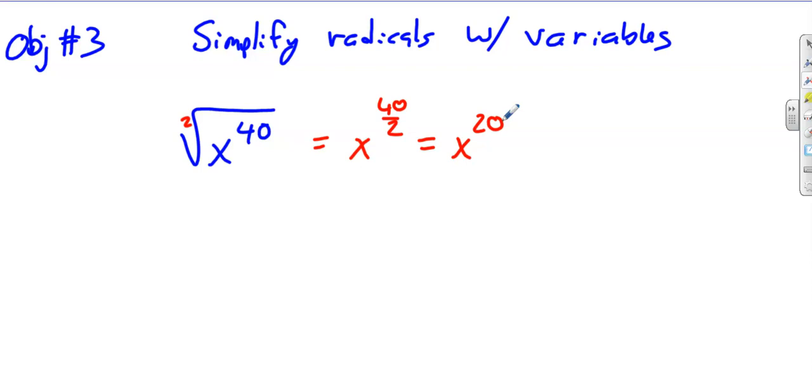The only thing they're going to do in objective 3 that's at least a little bit different is they're still going to do this same thing. They're going to have you work with some variable, and really you're just going to divide these two numbers. You're going to divide the power on the inside by the index on the outside.